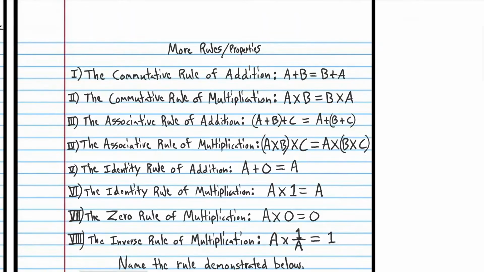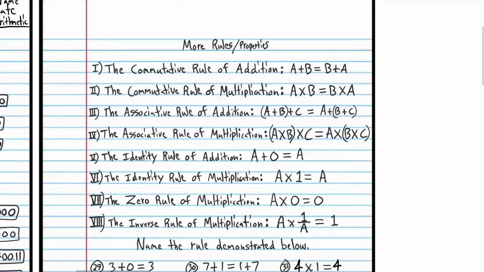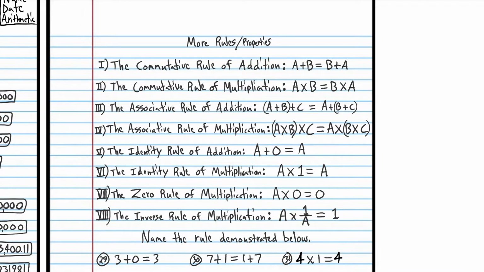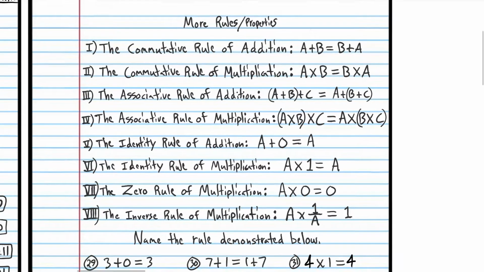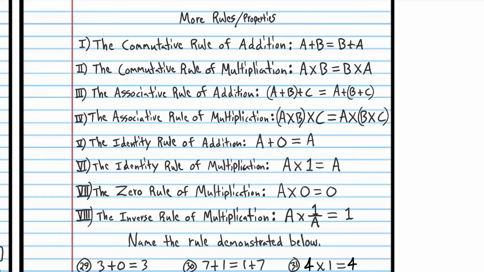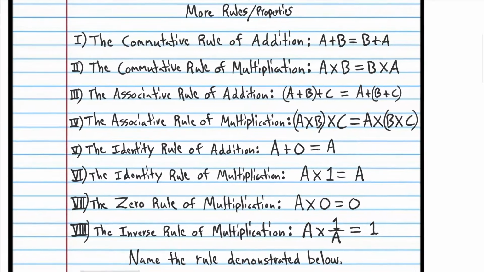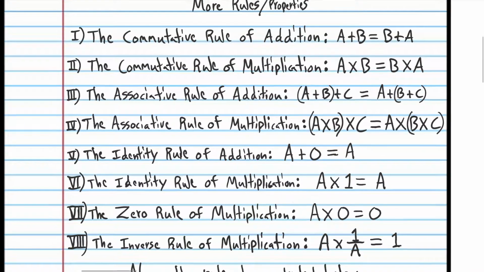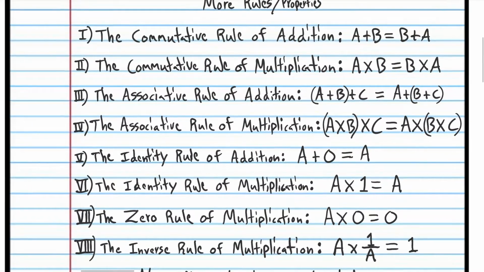So we learned a few of these rules, but we didn't learn all of these rules. Now, to be honest with you, you don't really need these rules to go into upper math courses, but the only reason I'm teaching you more of these rules is because you might take a standardized test, or some sort of placement test where they ask you to demonstrate these rules, or they'll require you to know what these rules are.